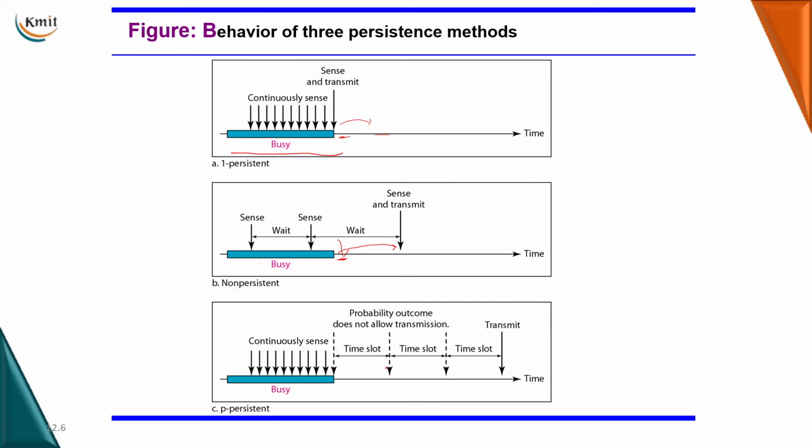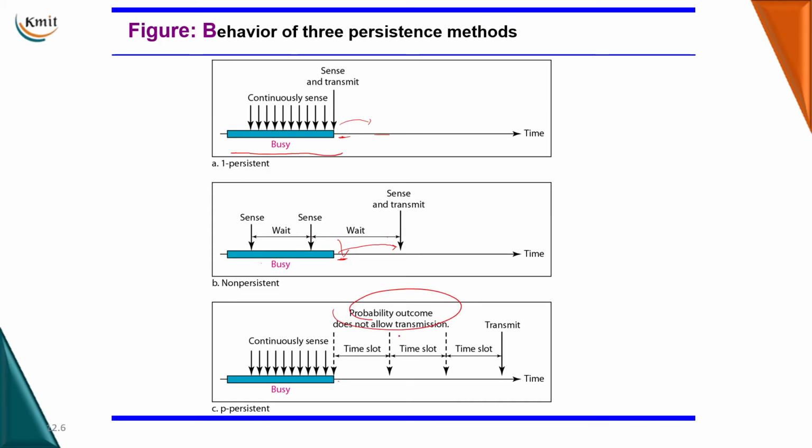When we come to P persistent CSMA, it's a combination of both one persistent and non-persistent. You can see the station is continuously sensing the channel, but when the channel is idle, it will not transmit immediately. It will transmit based on the probability outcome.